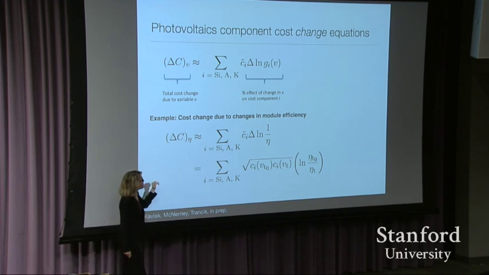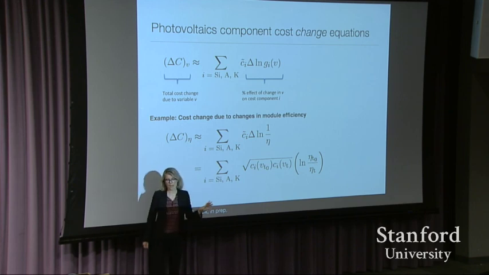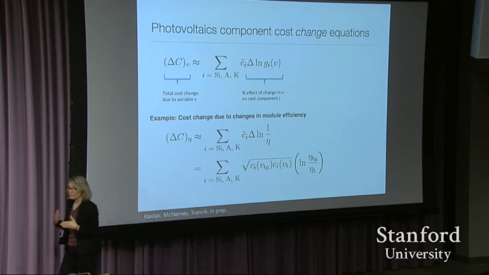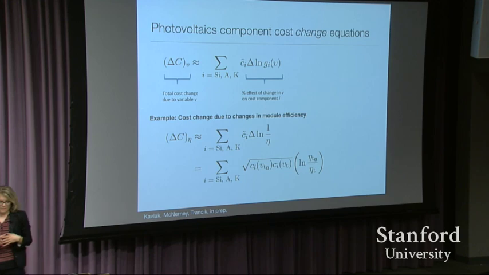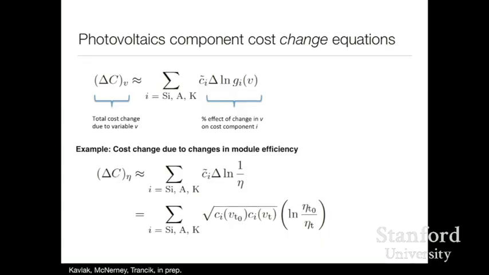The main point here is that it's actually not straightforward to look at the effect that these low-level mechanisms have on the cost. We have to study very carefully how they affect all the different cost components of the photovoltaic module.